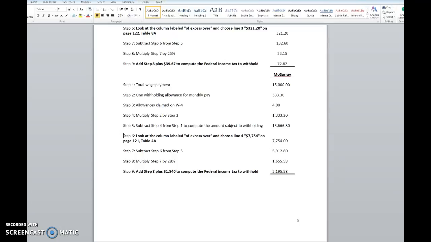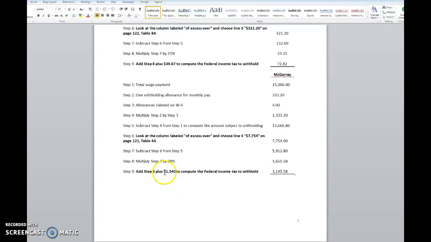and then we need to look at the column in excess over and choose line 4, which is going to give us $7,754. We're going to subtract that from step 5, and then multiply step 7 by 28%, which you find on table 4A.